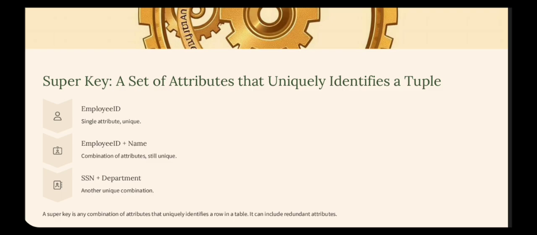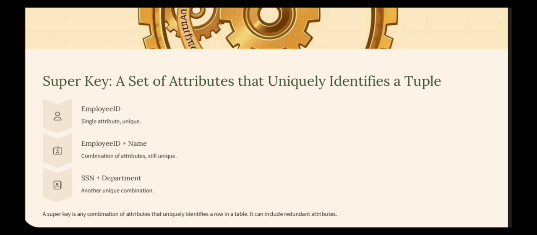And the SSN plus department, which is another combination of unique keys. So this is called a super key, which defines us uniquely, but also it is a combination.